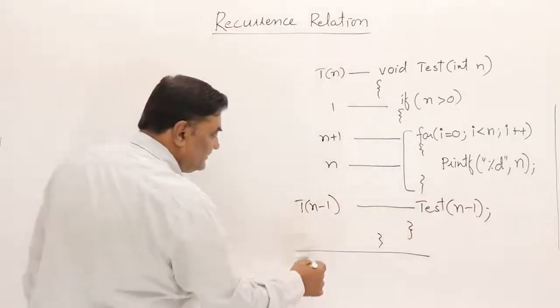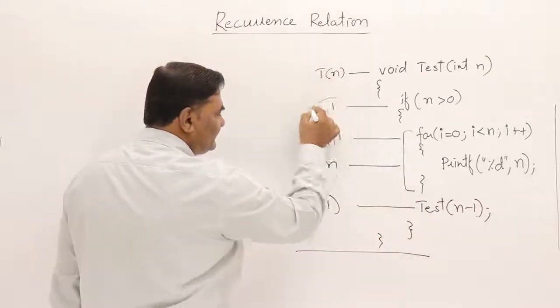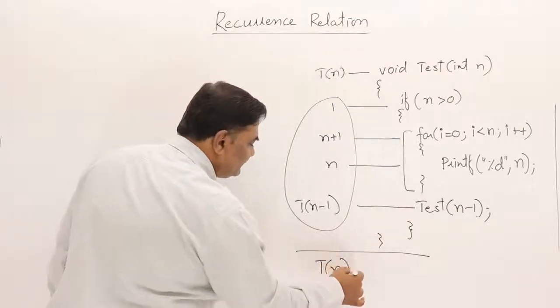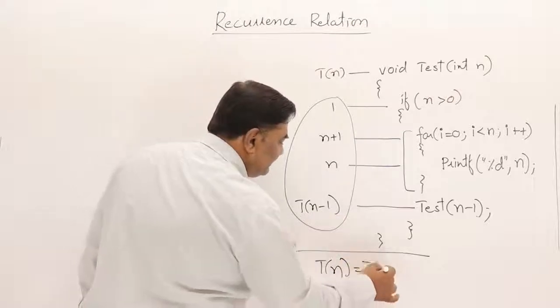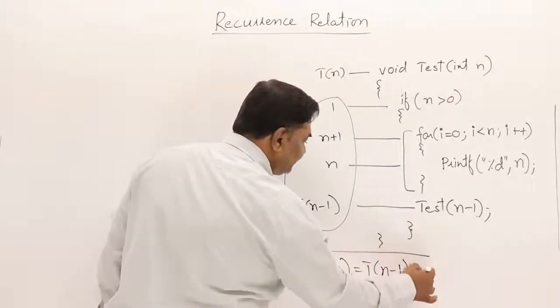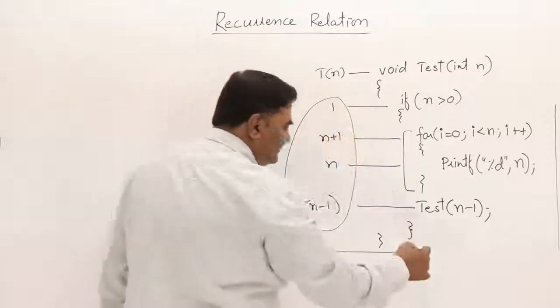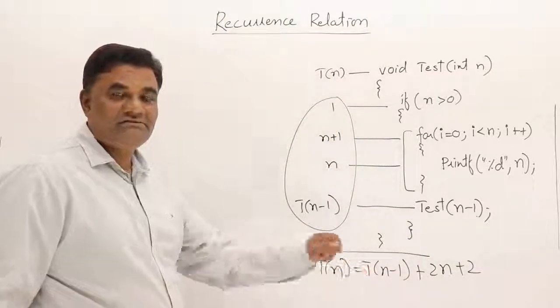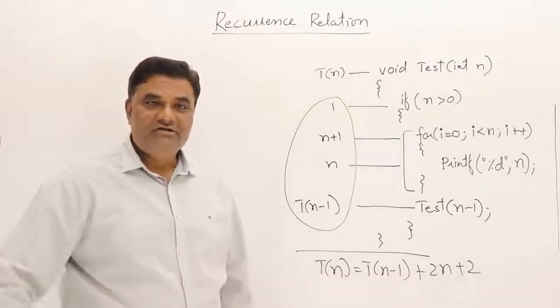If I write this, then Tn is equal to the sum of all these. So Tn is equal to Tn minus 1 plus 2n plus 2. This is the recurrence relation I got.